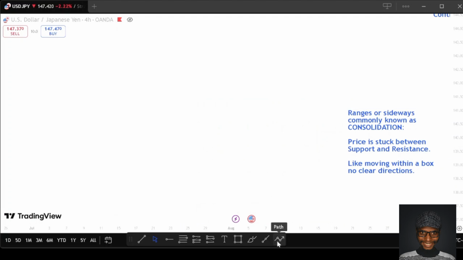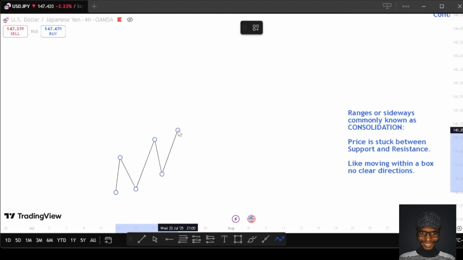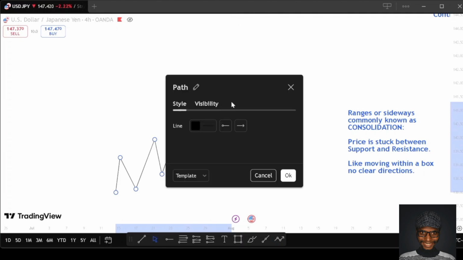We have the first one, which is the uptrend, which means price is making higher highs and higher lows. It started from a low, it went high, gave us a higher low, higher high, higher low, higher high, till it continues.